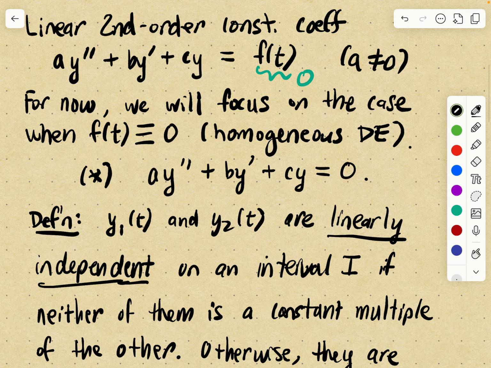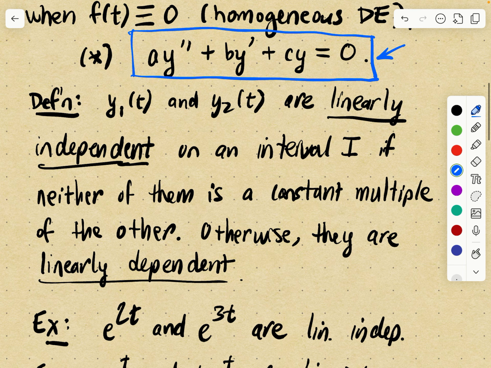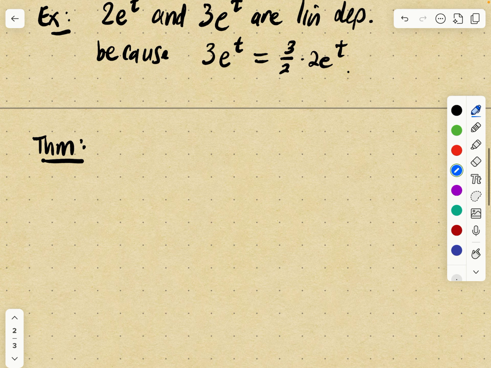So we're trying to solve the homogeneous differential equation. This is the one that will be the topic of this video, right? This one, not the one where f of t is not 0. This is the equation we're talking about, the one with the star.